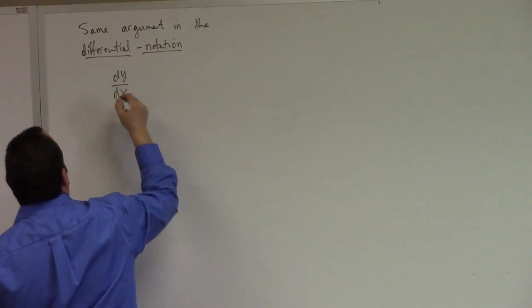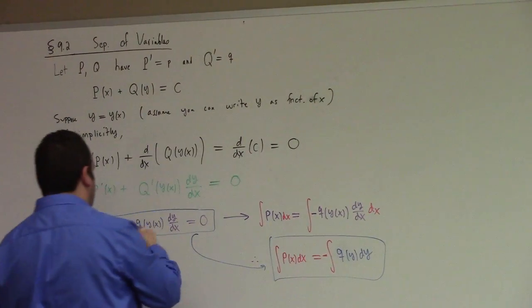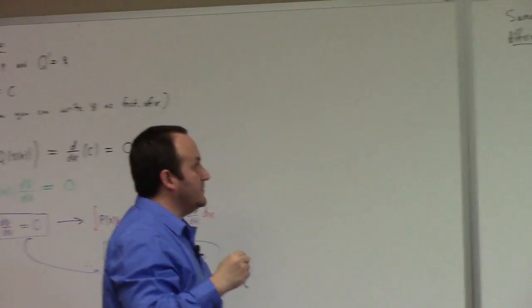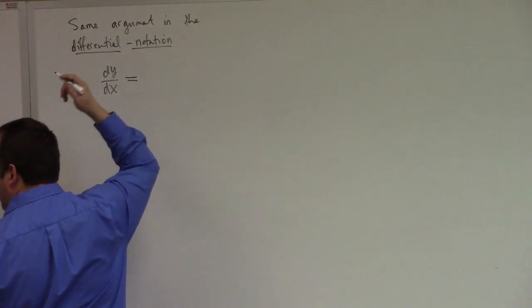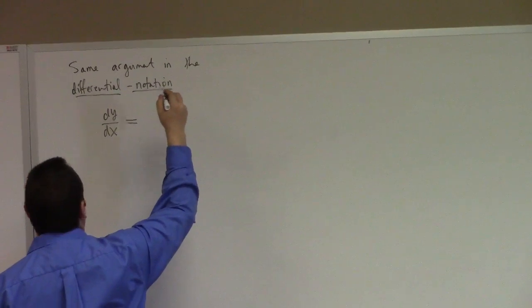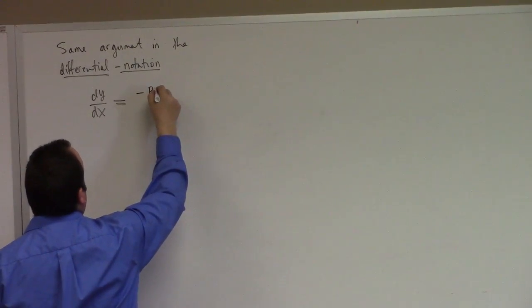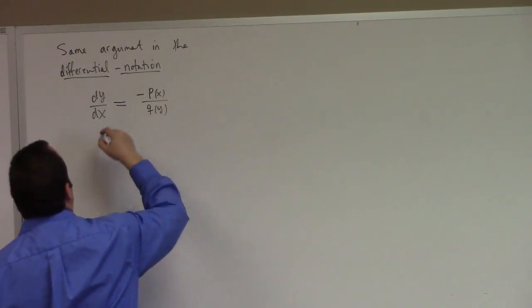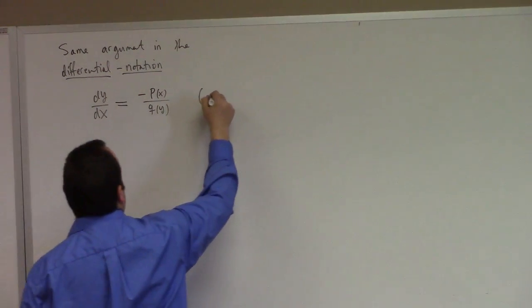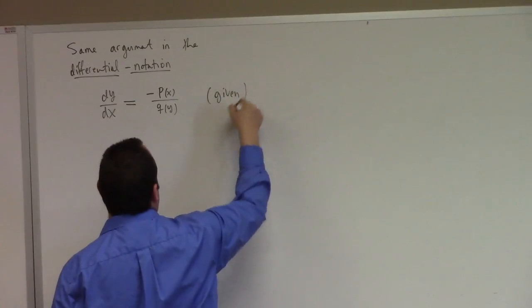So my point would be, we could instead look at the boxed equation as maybe you're given dy dx is equal to, I don't know, minus p over q, right? So this is given.